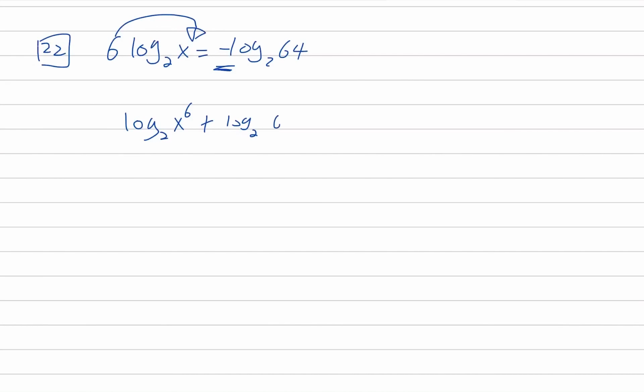Now I can combine this to one log, right? Log base 2 of 64 times x to the 6 equal 0.